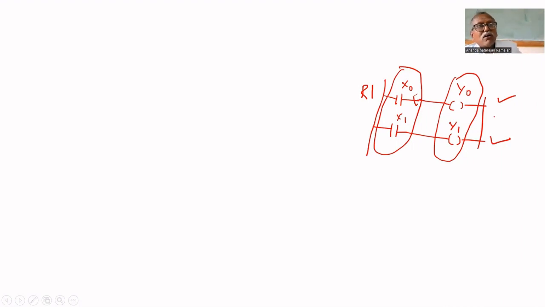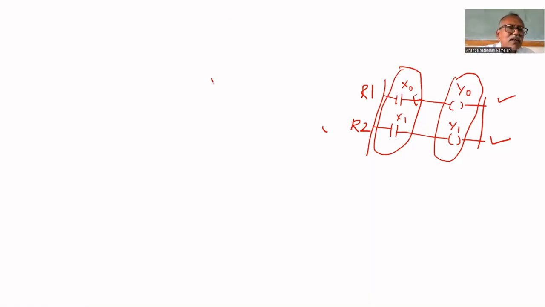But anyhow, while doing simulation, you should be very careful. In the same way, here also R1, R2 will be executed sequentially. That sequential execution can be used to turn on and turn off the lamp using a single push button. That we are going to use.